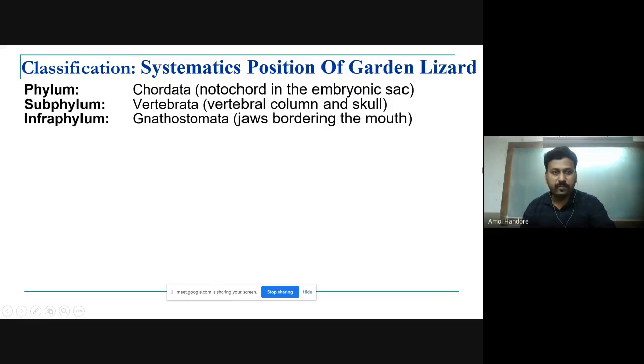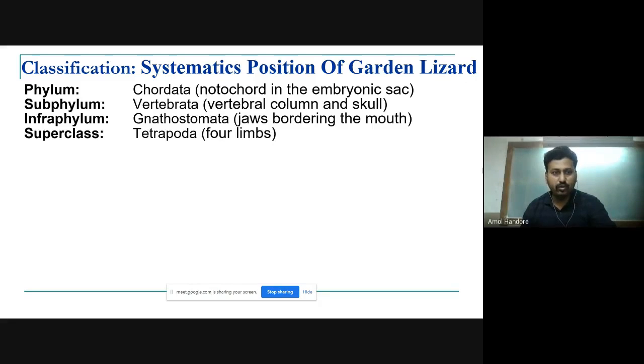Then comes the infraphylum or division, that is Gnathostomata. What is meant by gnathos? It means jaws. So they are organisms which present true jaws. Two jaws are present in their body, bordering their mouth.